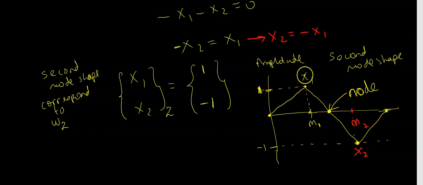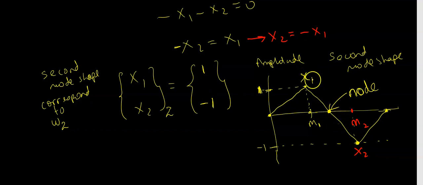When we had capital X1 as equal to 1 and capital X2 as equal to 1, right? For the first mode shape, we said, well, both of them were in phase: when x1 saw a maximum, x2 saw a maximum. Now when we are seeing that x1 is equal to 1, x2 is equal to minus 1, that's what we're seeing here for the second mode shape, it means that the vibration is completely out of phase.